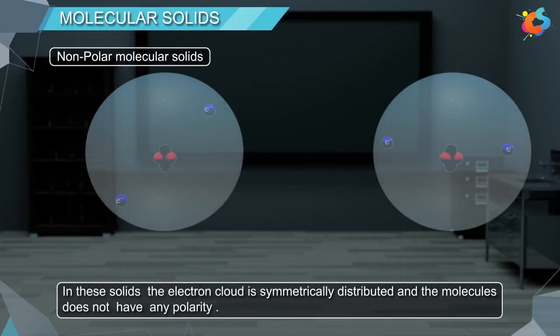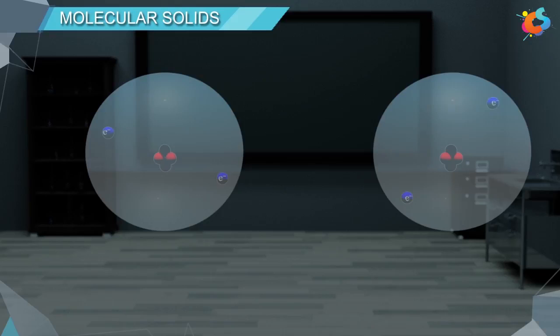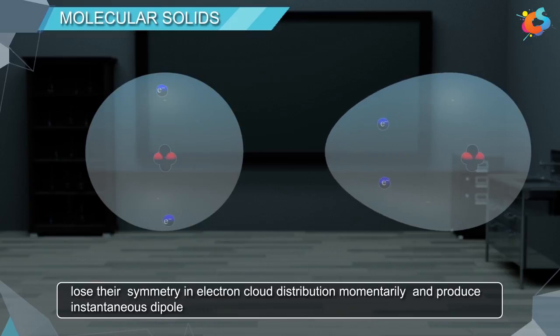In these solids, the electron cloud is symmetrically distributed and the molecules do not have any polarity. Sometimes these atoms and nonpolar molecules lose their symmetry in electron cloud distribution for a shorter time and produce instantaneous dipole.